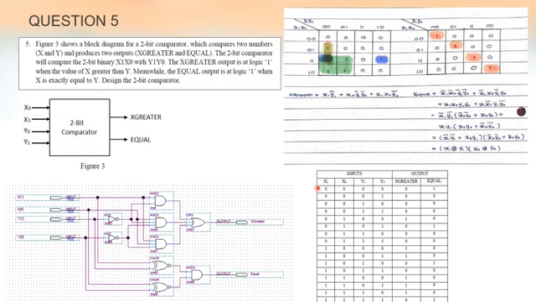And then this is the truth table from the design circuit. From the truth table, we can draw a K-map, and then we can find the expression of the x greater and also equal.